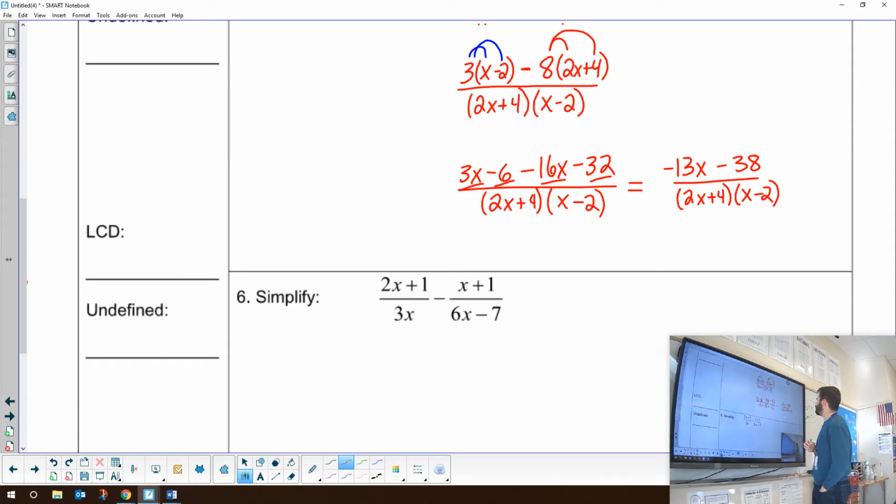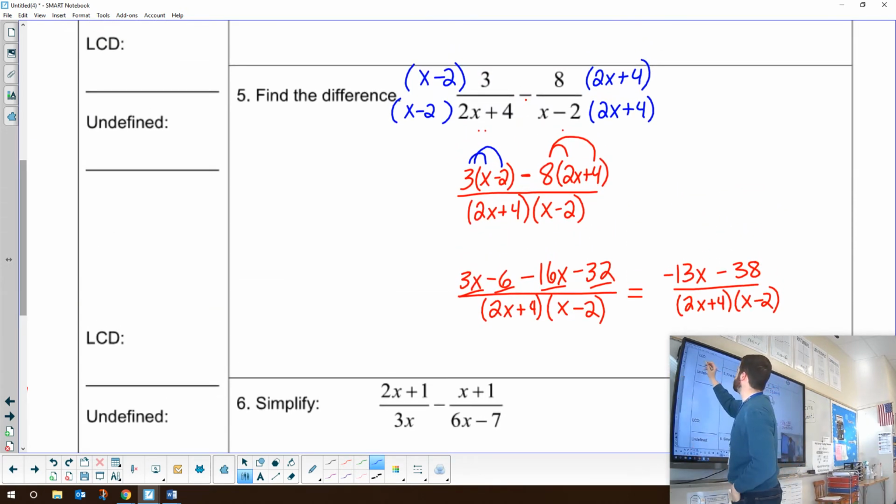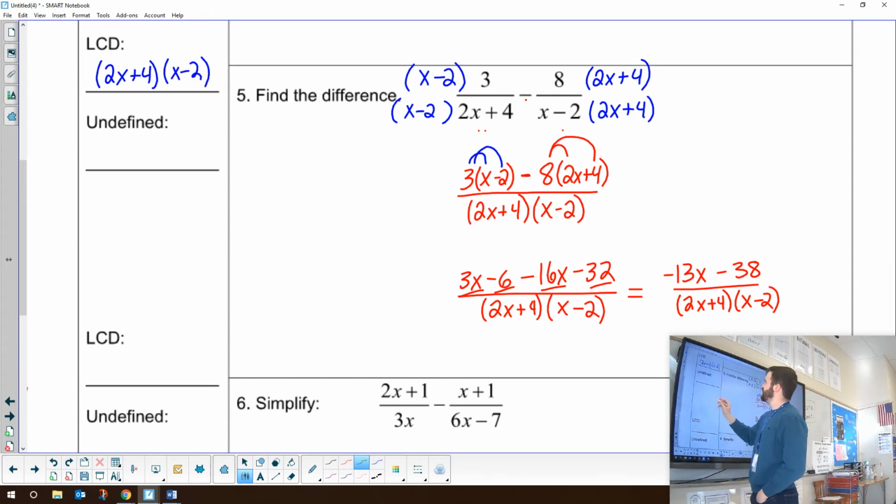All right, so there are our two parentheses, our least common denominator. We already decided what our least common denominator is. It is 2x plus 4 times x minus 2, and that tells me what my undefined is.